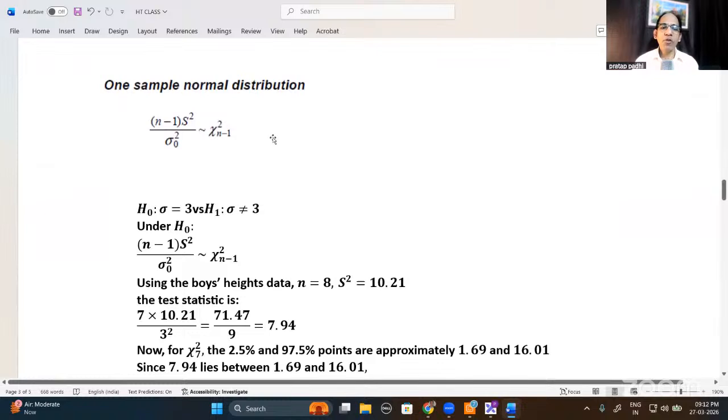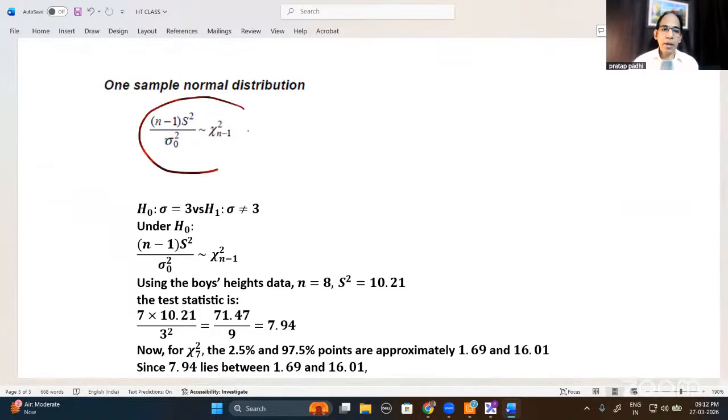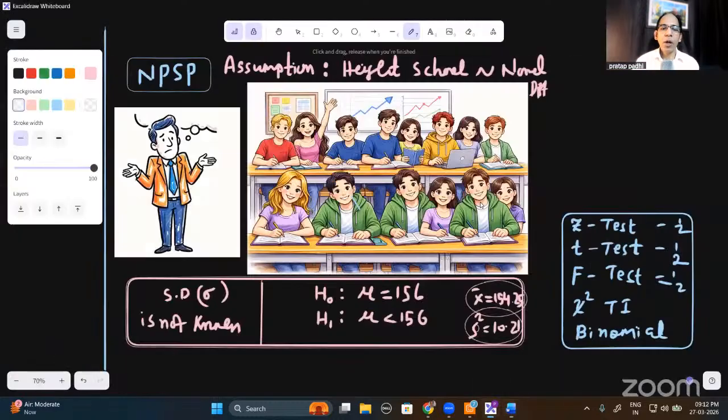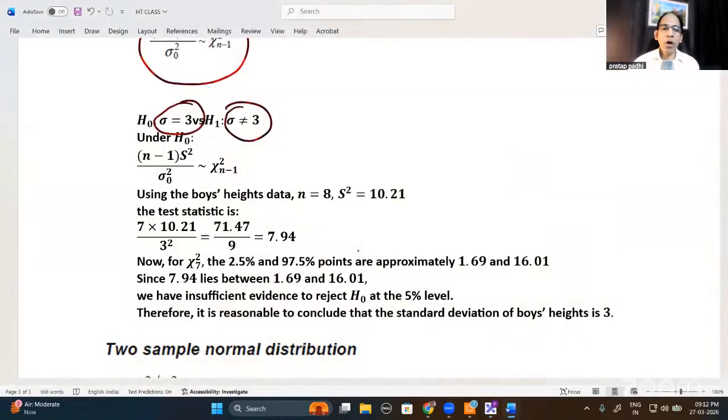Now the next one is one sample normal distribution. We are checking about the variance here. The variance is 3 or not 3. What is the meaning of variance here? Again, we are talking about heights data. So you consider the heights of what? What is n here? We have taken n is 8.